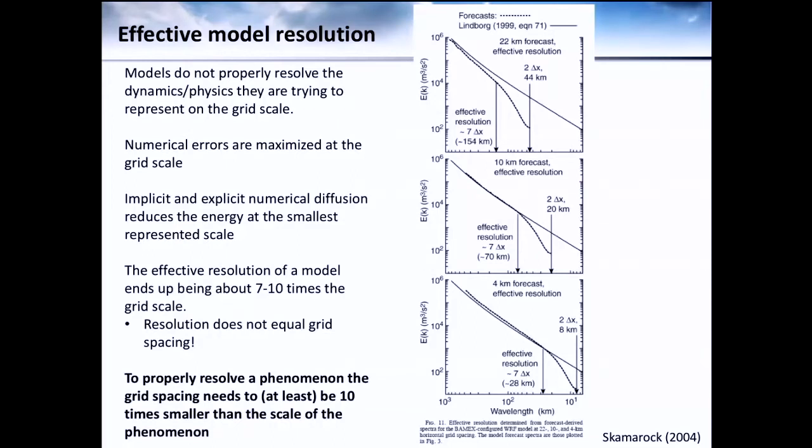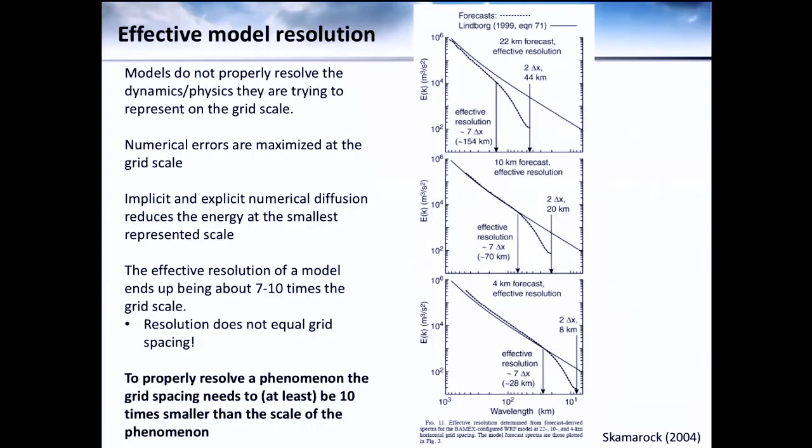So the model is resolving the longer scales very well, but as we go to smaller scales, the energy is damped. And that's really what defines the effective resolution of our model, the start of that damping.